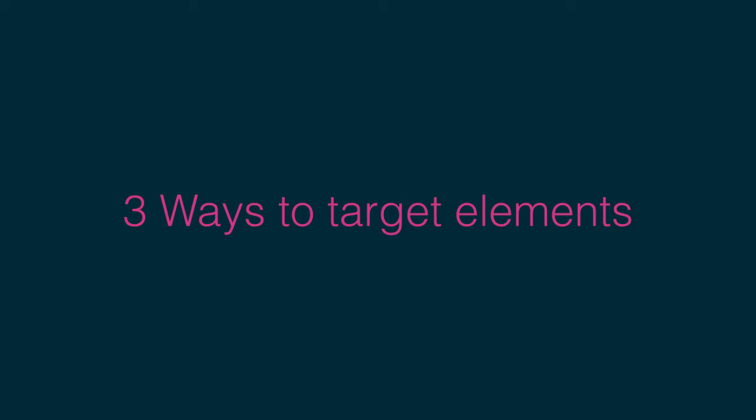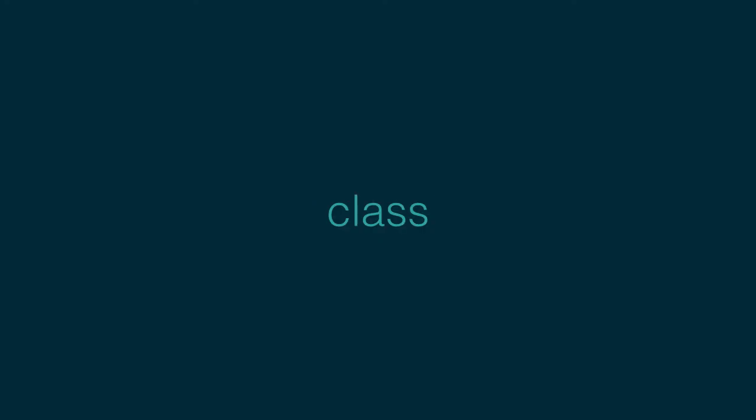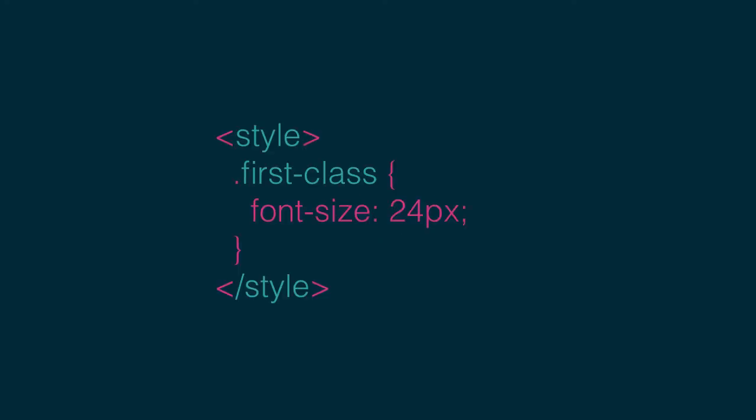There's actually way more than three, but three that we're going to go over today. So you can target elements by class. When you target elements by class, there's really only a little bit of syntax that you need to remember. And that is that you have, well, I'm not going to explain this yet.